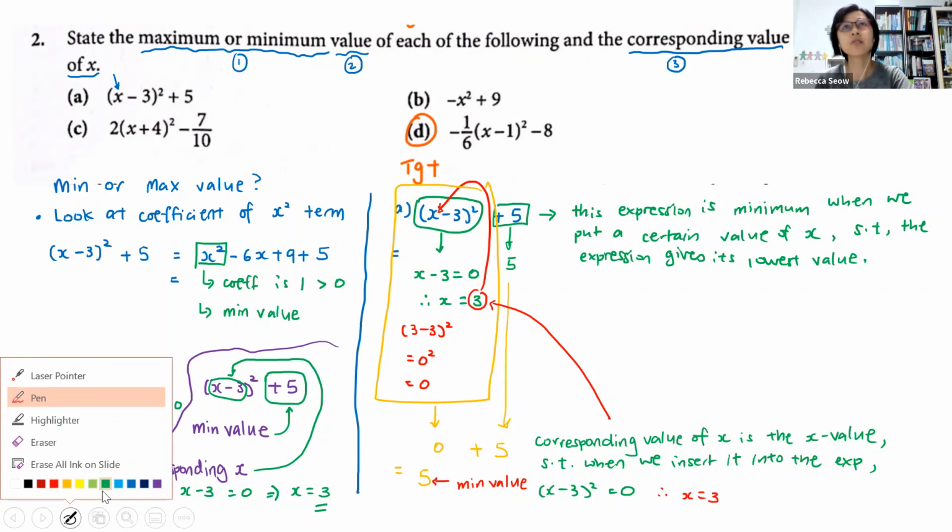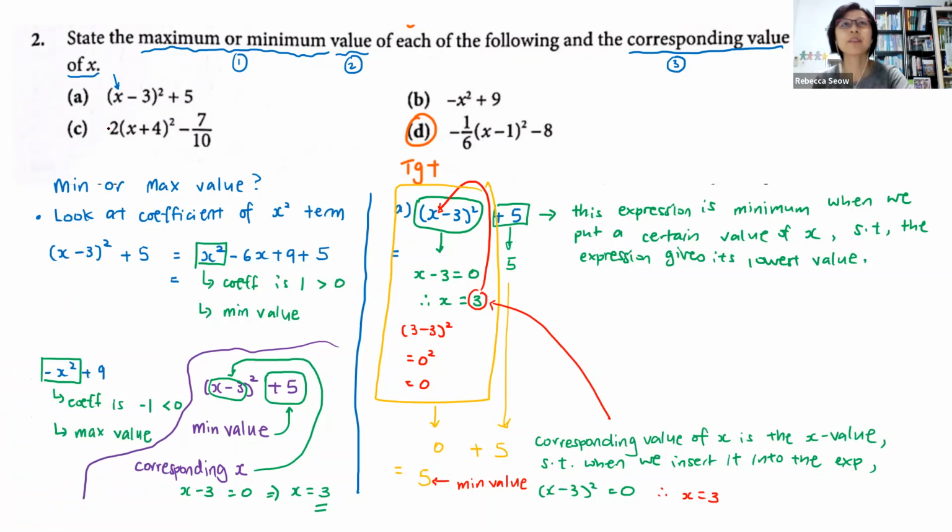Subsequently, if we were to look at questions C and questions D, okay, if we look at C itself, the square has been completed. What would be the minimum value? The minimum value will be here.